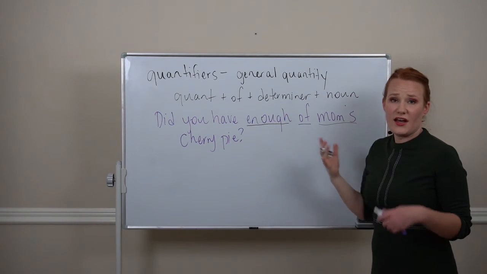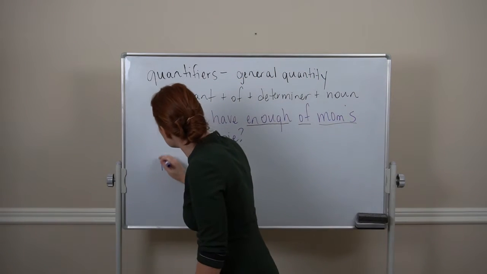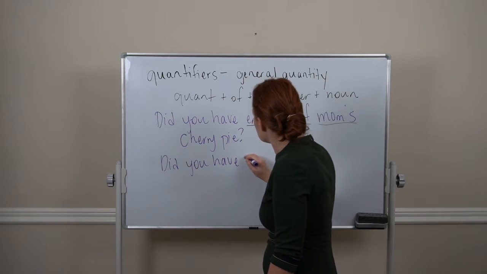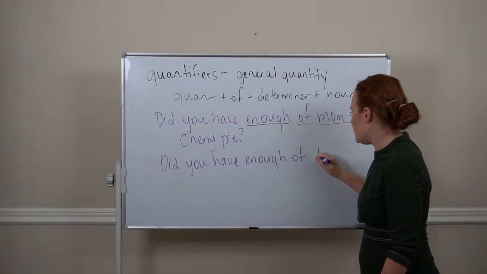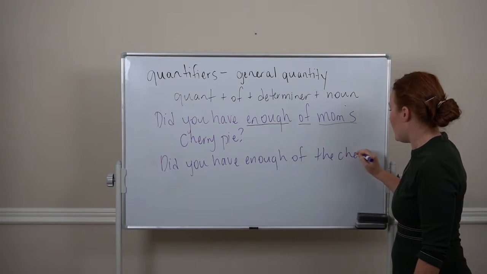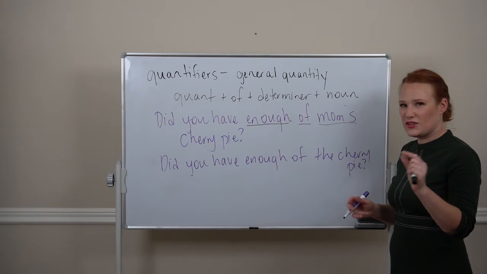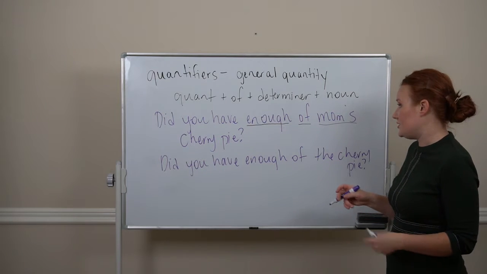So let me show you what other determiners could go in here. Did you have enough of just the cherry pie? Instead of just cherry pie in general, we're a little more specific here. The cherry pie that we both know, that we talked about.